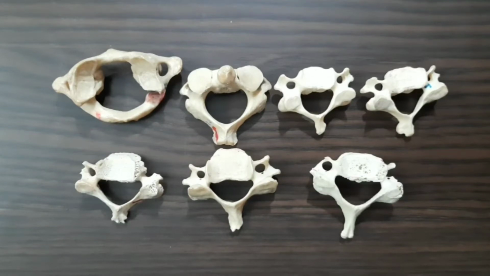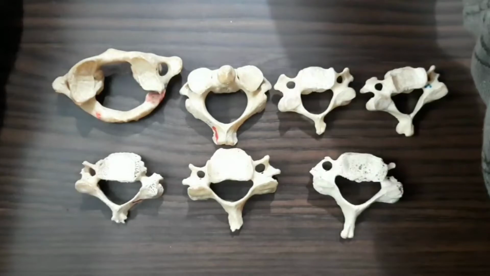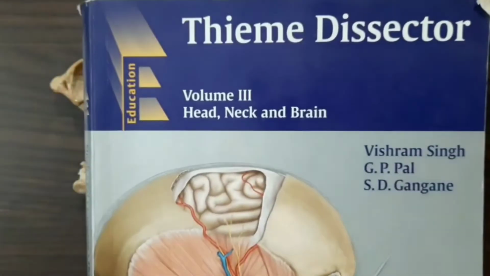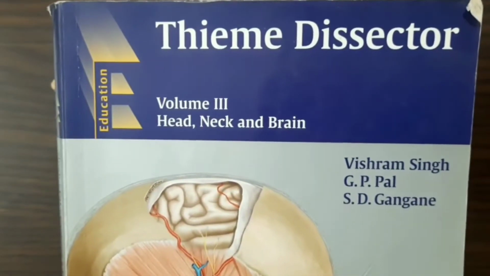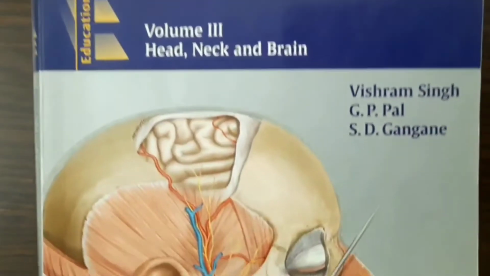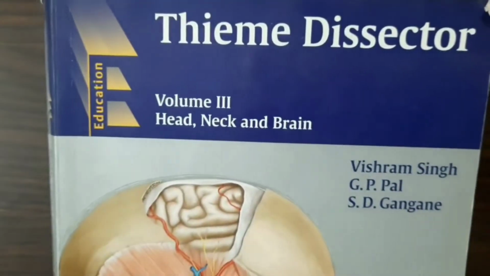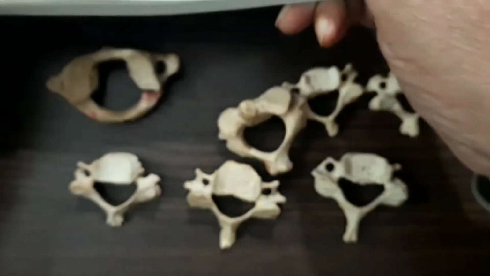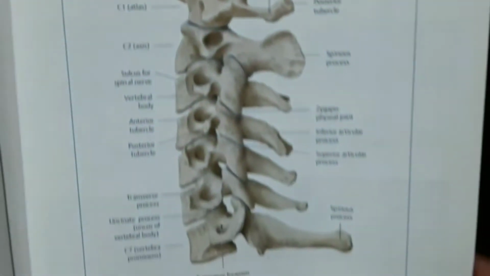Let us see this cervical part of the vertebral column in this book. This is a dissection manual by Thieme, and the head, neck and brain part is authored by me. I am thankful to Thieme for allowing the use of this diagram.